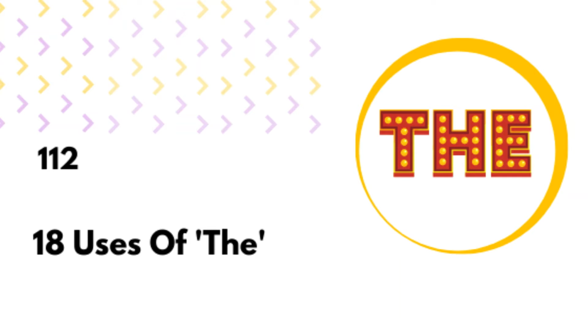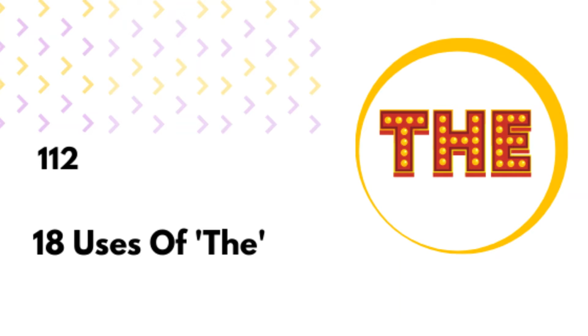Back to today's topic, the definite article, the. Every noun needs an article. There are 3 options: a, the, and 0 article. Today's episode is drawing your attention to the definite article, the, only. I'm going to give you something I rarely do because I'm not a fan of such solutions.